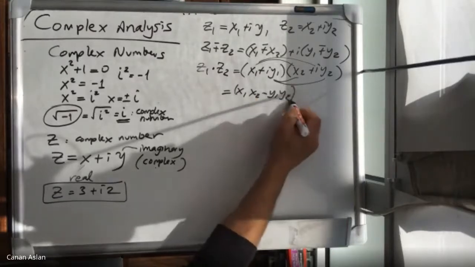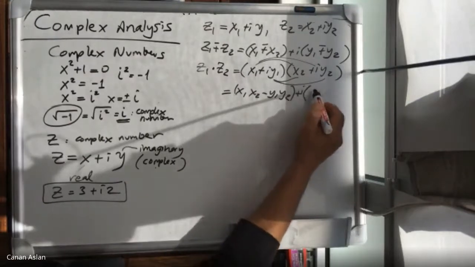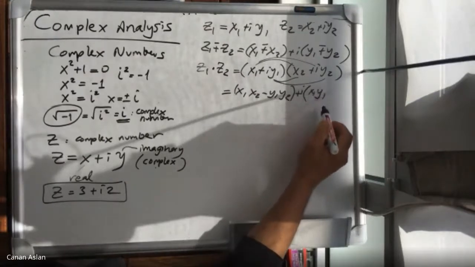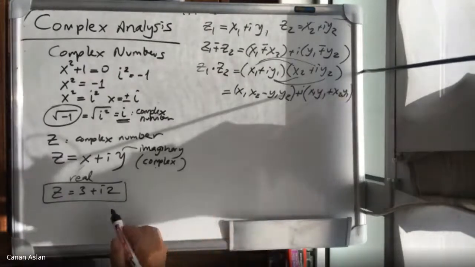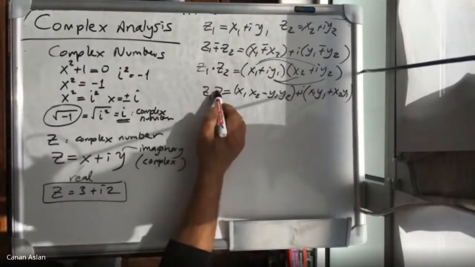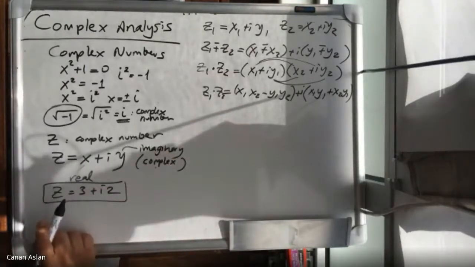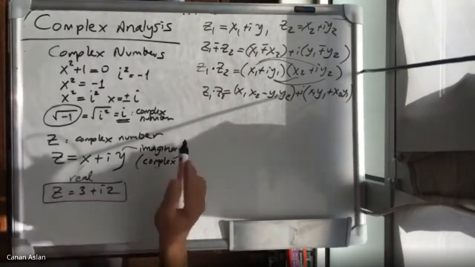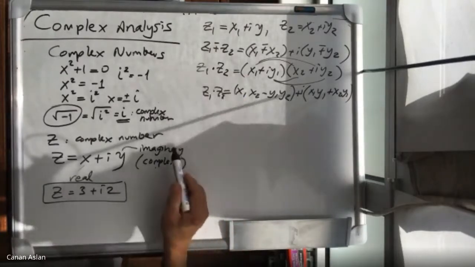This is the real part, and the imaginary part is x1 y2 plus x2 y1. So this is z1 dot z2. It's not the dot product or something, it's just the multiplication. You don't have to really memorize these formulas because you can just multiply them out if the complex numbers are given.